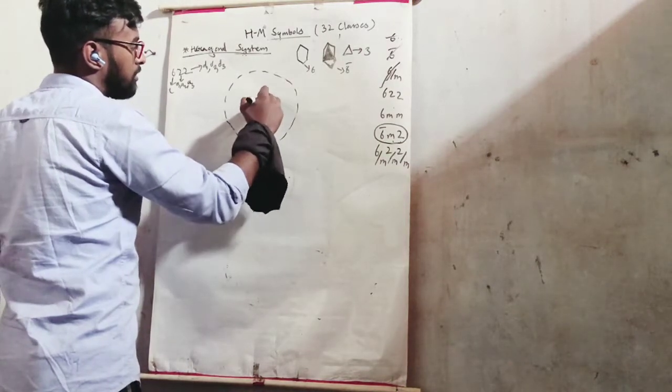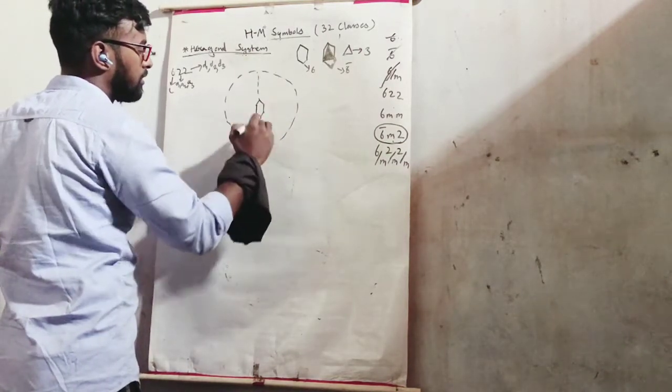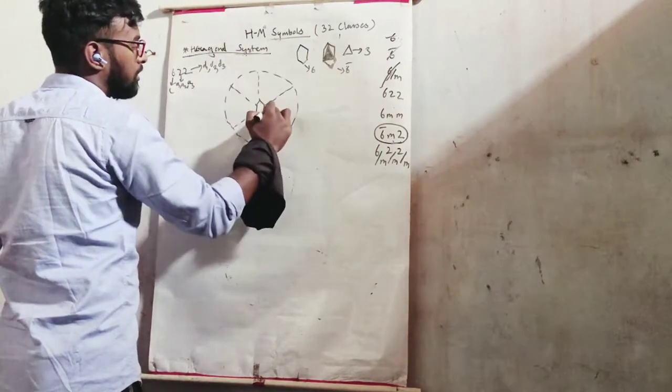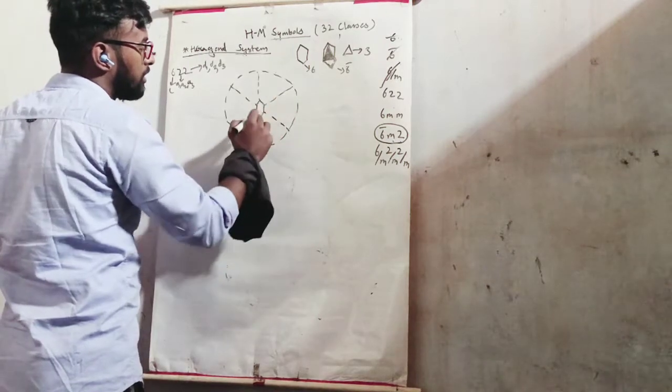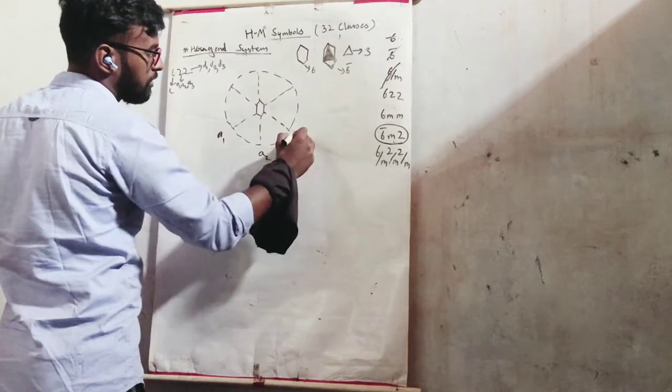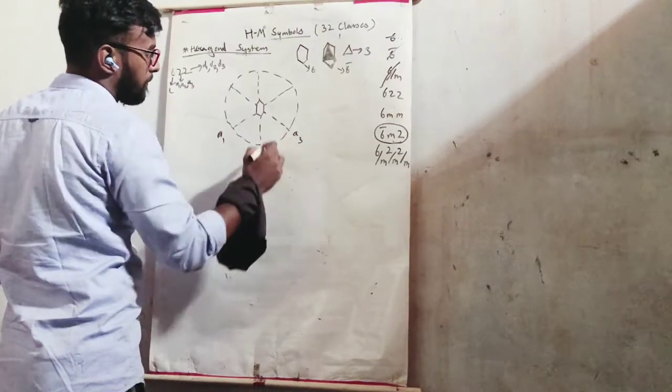So, circle first, 6-fold, A1, A2, A3, and also D1, D2, D3. Suppose this is A1, A2, A3.